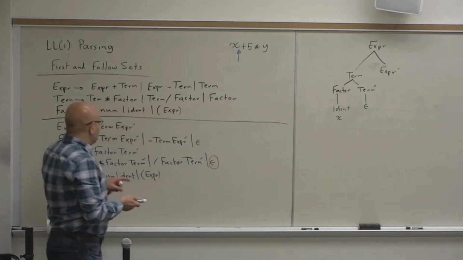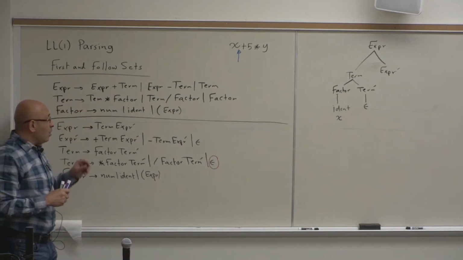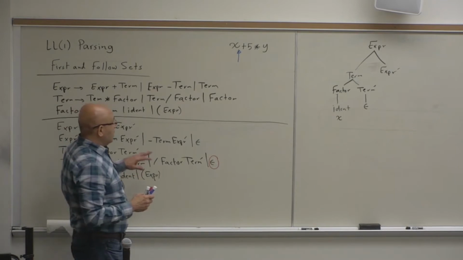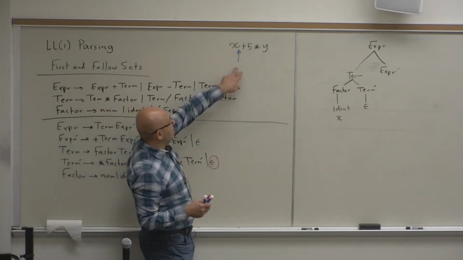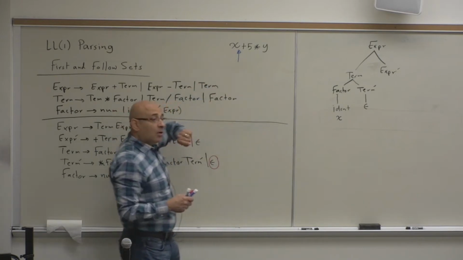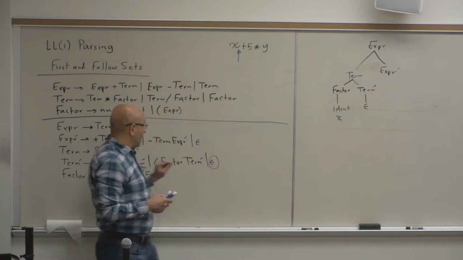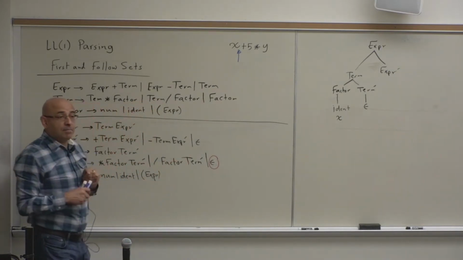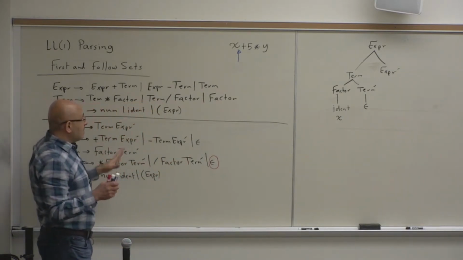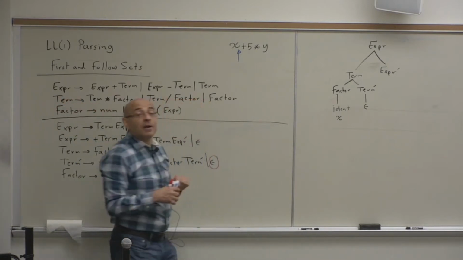Substituting an epsilon for the term prime would be a valid option only if the symbol that we are seeing in the input, after the term prime, is something that can follow a term prime.